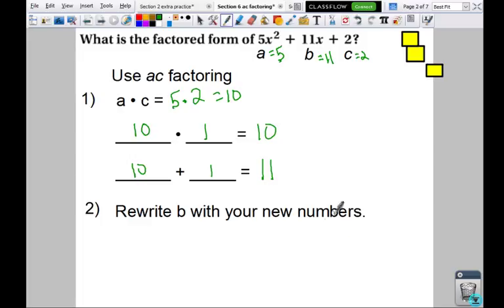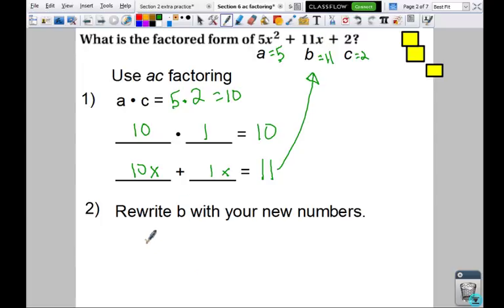So we're going to take these two numbers, and since 10 plus 1 is 11, you see how B is 11 right here? I hope so. We're going to cross out this 11x, and replace it with a 10x plus a 1x. So 10 plus 1 is still 11, so it's still in there, but we are going to replace it.